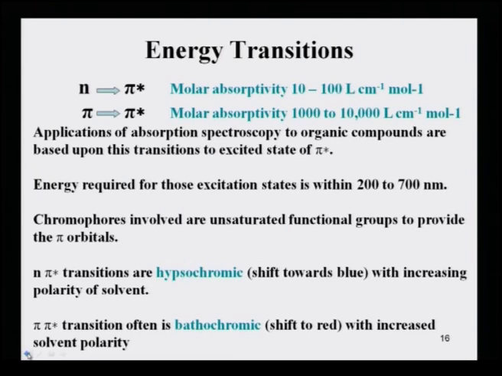Now, let me explain a little bit about these things, because it is getting a bit more complicated. What is a chromophore? A chromophore is a part of a molecule which has the pi and the n bonds and is in conjugation with single bonds.